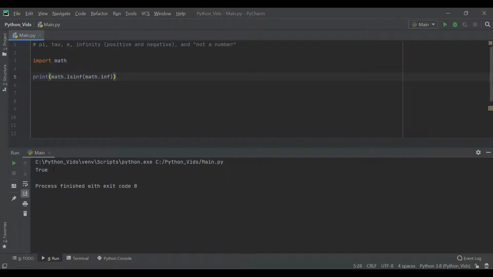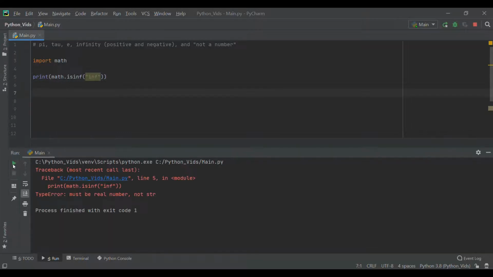Is this an infinite value? Yes, true. Okay, but then what happens if we just do our friend the string inf? Well, this will be interesting. It's an error, and that's because it says, hey, this must be a real number, not a string. Okay, fine. But I'm going to convert it to a float.